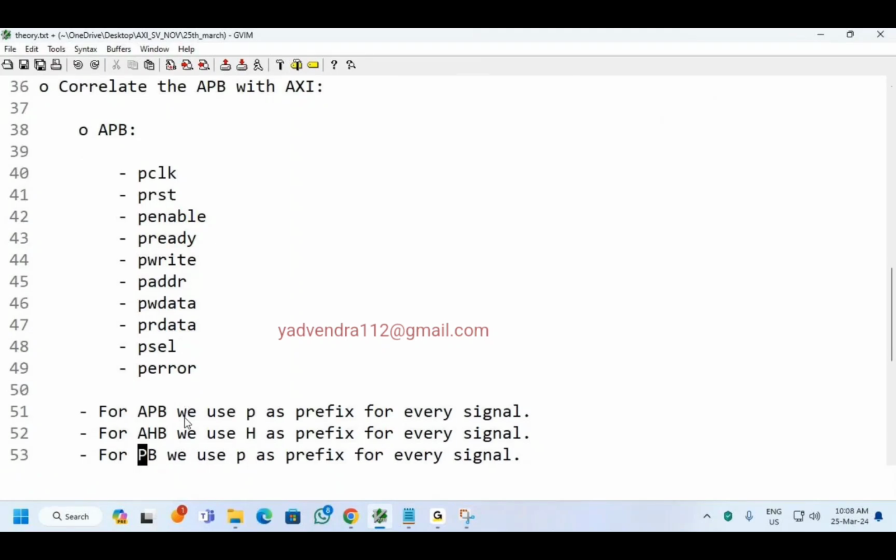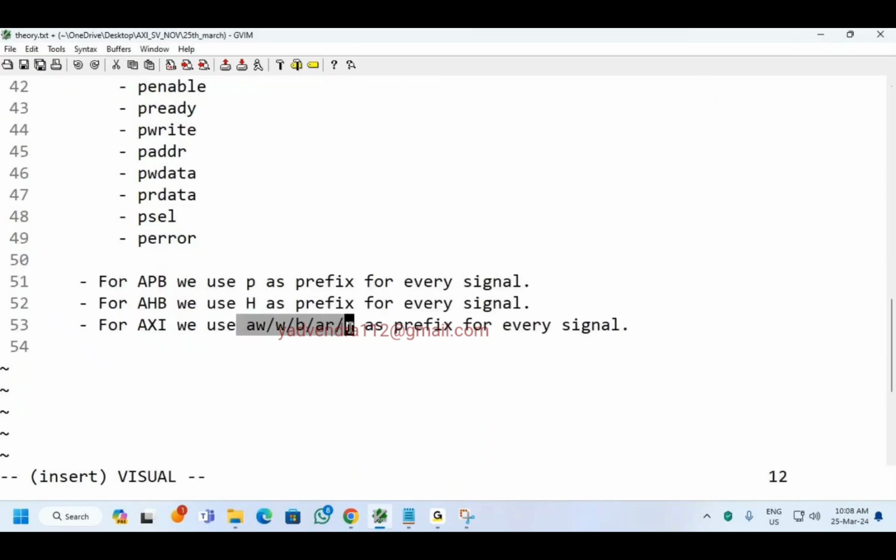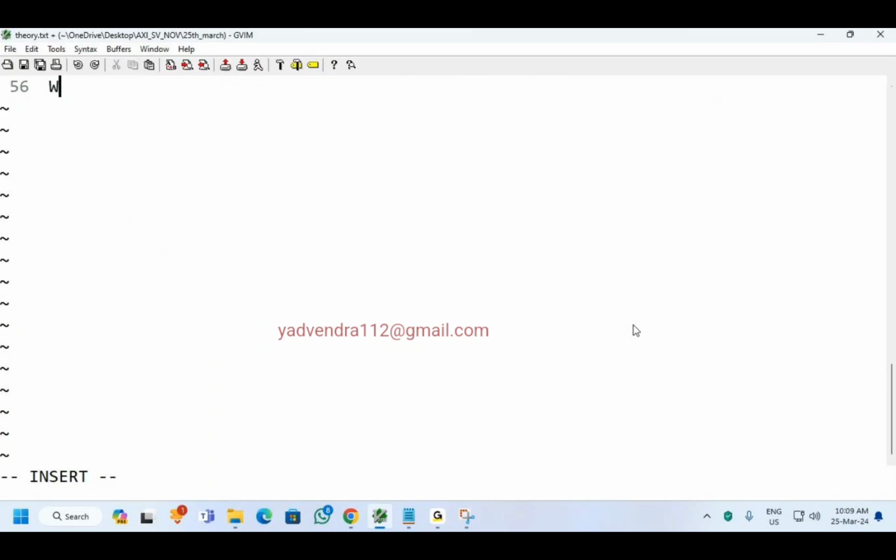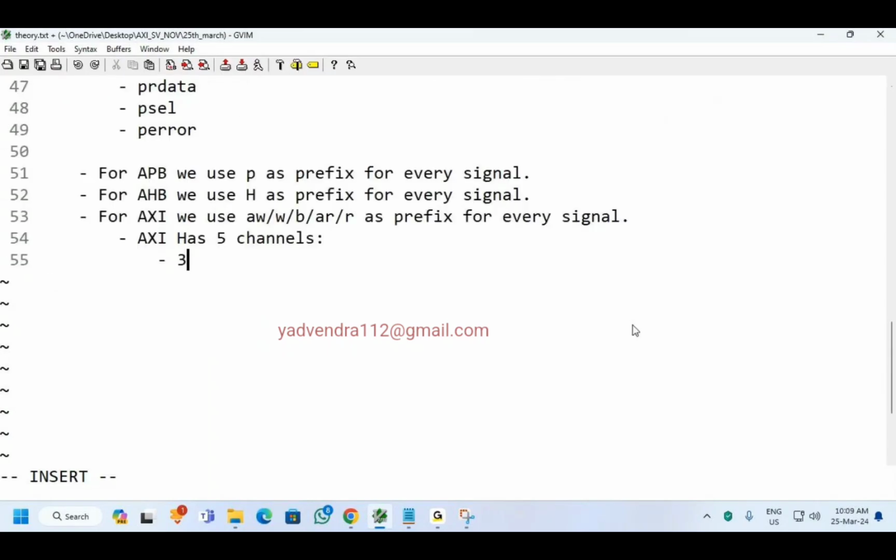For AXI we use AW, W, B, AR, and R. These five are used as prefixes for every signal in AXI. What are all these AW, W, B, AR, R? As I have told you, AXI has 5 channels: 3 write channels and 2 read channels.